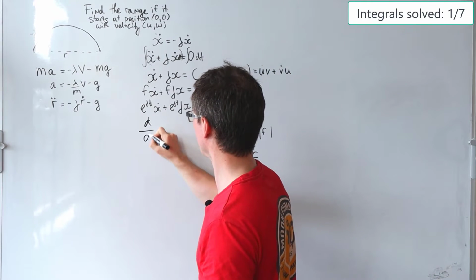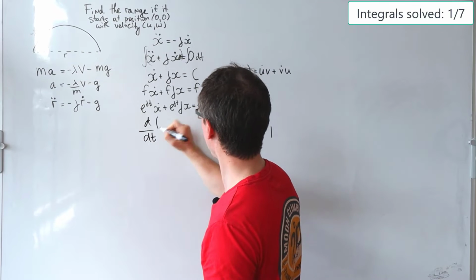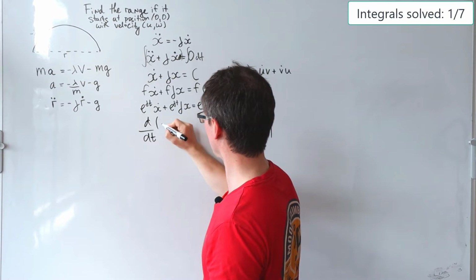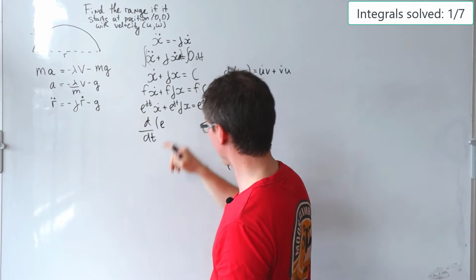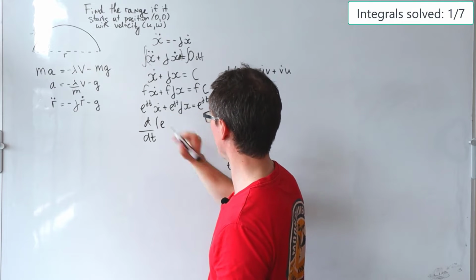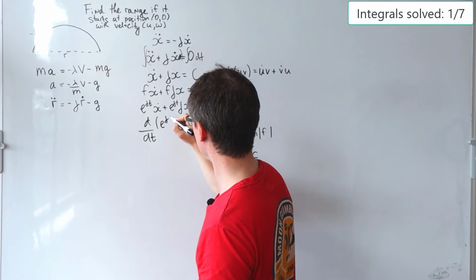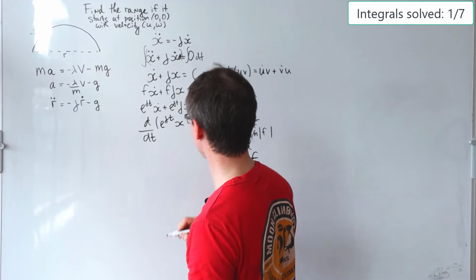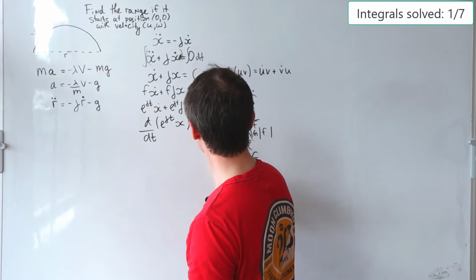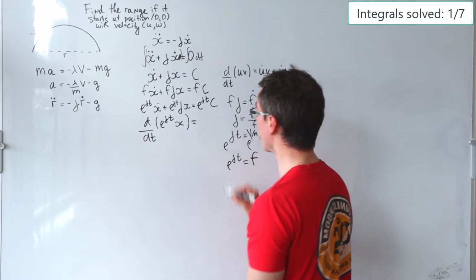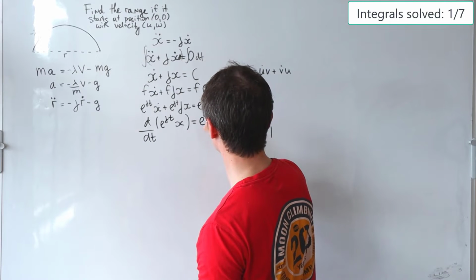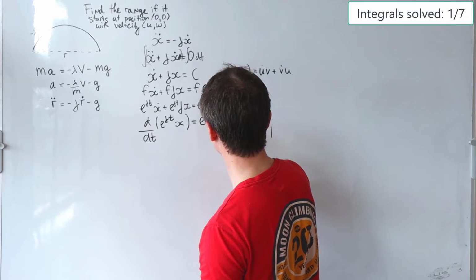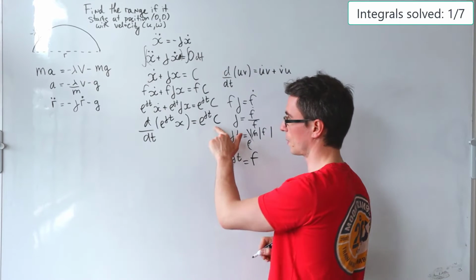So what we get is d by dt of u times v, which is f times x, and f is just e to the gamma t, then multiplied by x, and this will be given by e to the gamma t multiplied by that constant c.